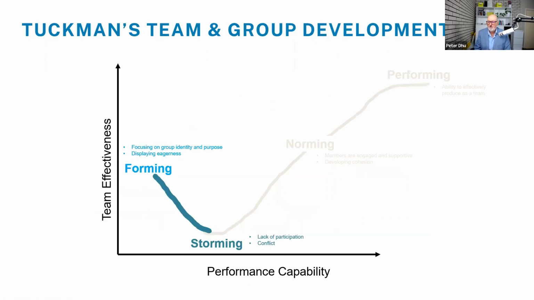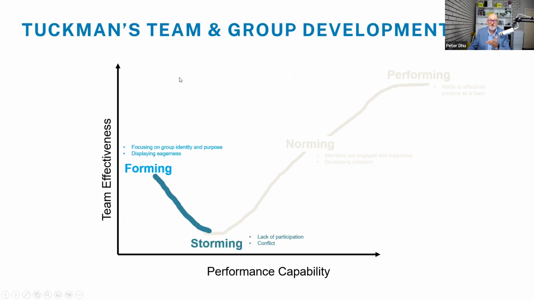The next one is storming. So this is as the team effectiveness may drop a little bit, but performance capability, in other words, working on the goals or the objectives, working on the strategic plan, working on the community consultation, we're starting to get a little bit more outcomes. So what's my role in my workshop?